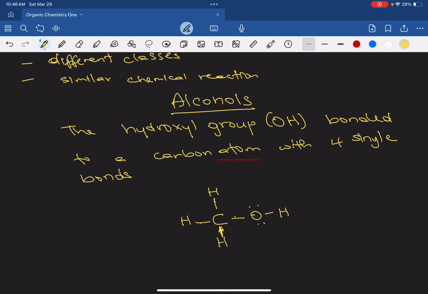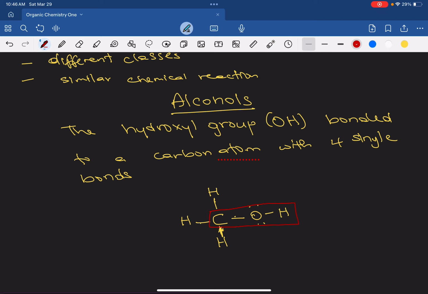I'll show an example in a second. But if you're going to identify your alcohol functional group, you're looking for the carbon bonded to the hydroxyl group, and then you have to make sure that this carbon has four single bonds to it and not a double bond, right?